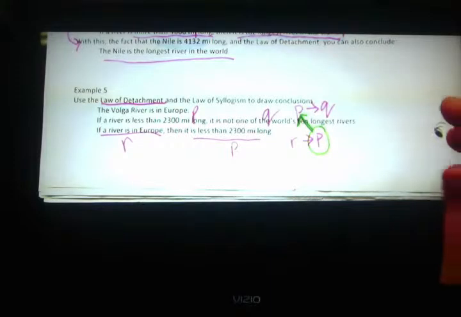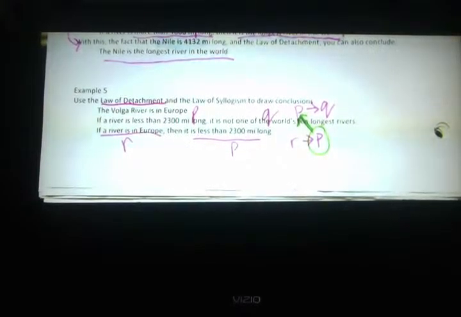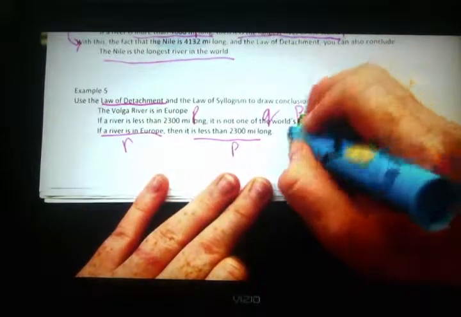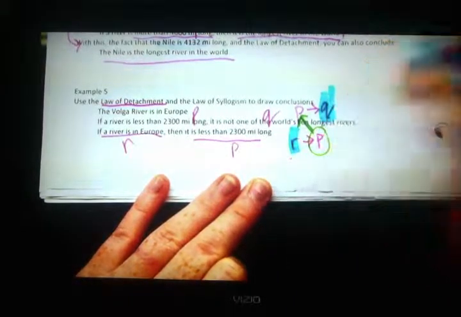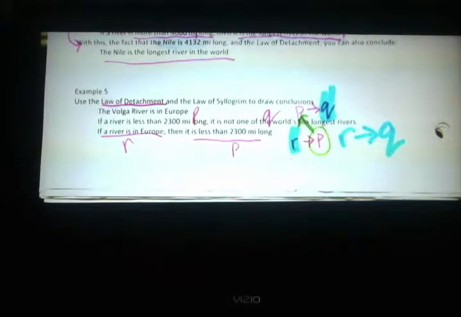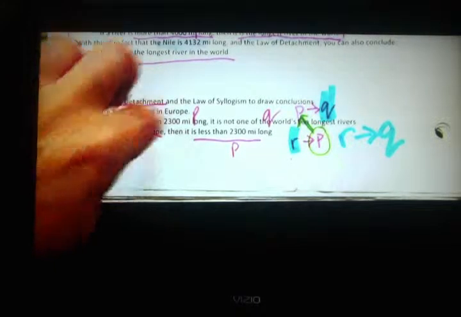So we're concluding from the law of syllogism: if R then P, and if P then Q, so if R then Q. If a river is in Europe, then it is not one of the world's longest rivers. That comes straight from the law of syllogism.